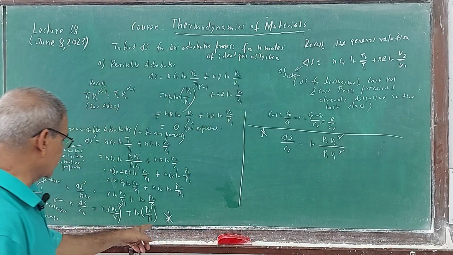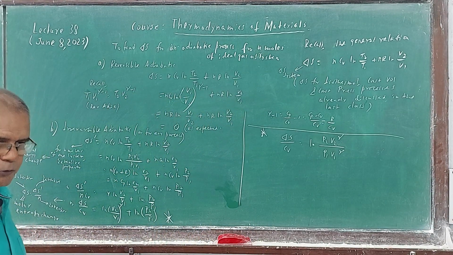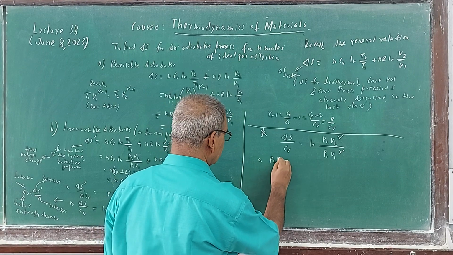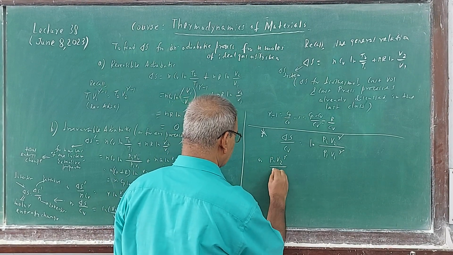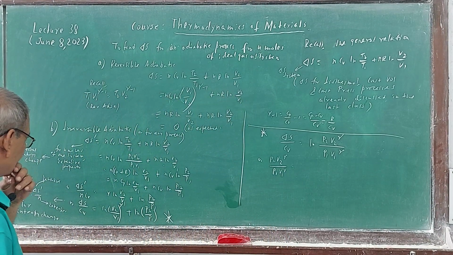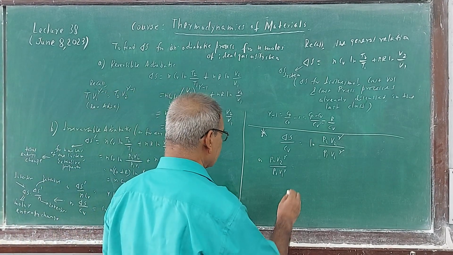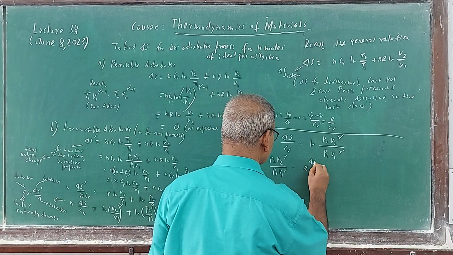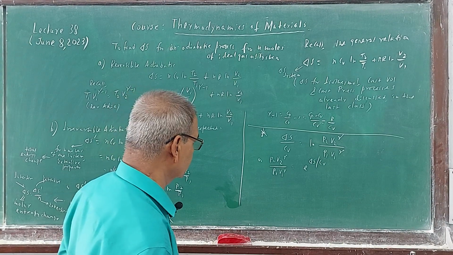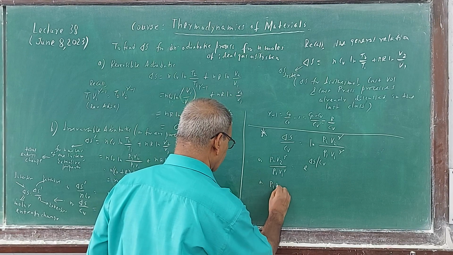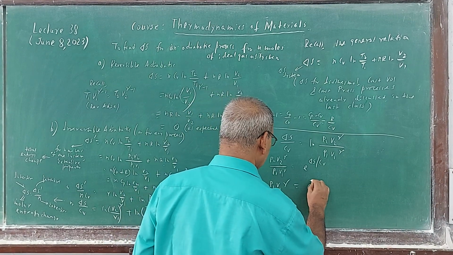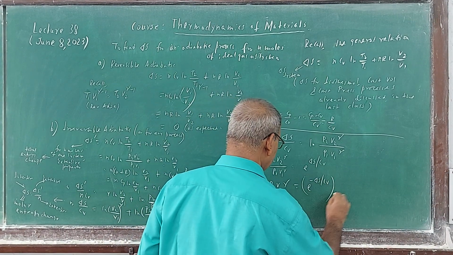Please check the right hand side. ln, sum is product, fantastic. So P2 V2 to the power gamma by P1 V1 to the power gamma is e to the power delta S by Cv. Or, following the last line, P1 V1 to the gamma is e to the power minus delta S by Cv times P2 V2 to the power gamma.